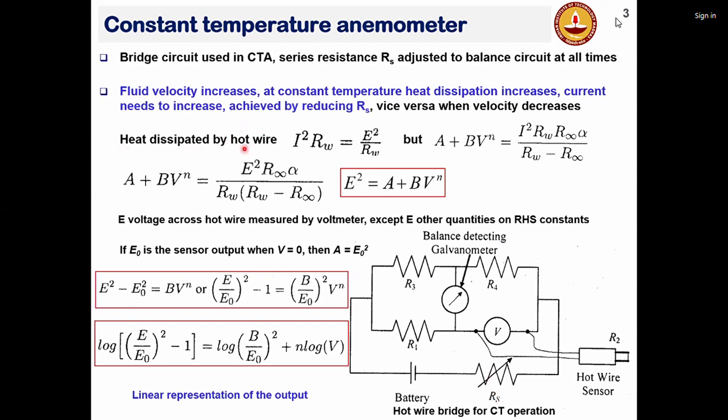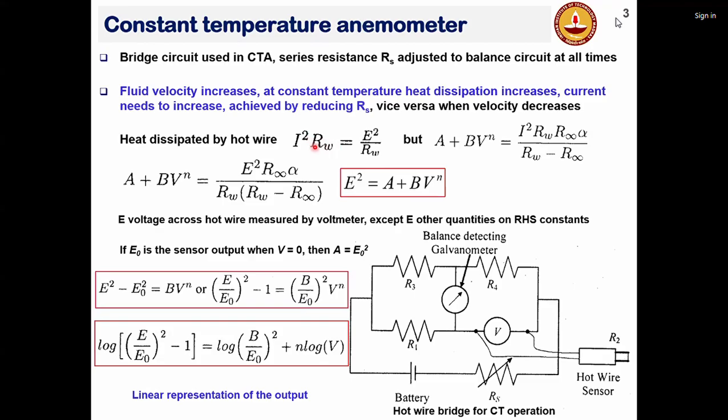If you look at the heat dissipated by the hot wire, which is given as I squared RW, where RW is the resistance of the wire. Now, in this case, current is not held constant. Current has to be changed because the temperature is constant.